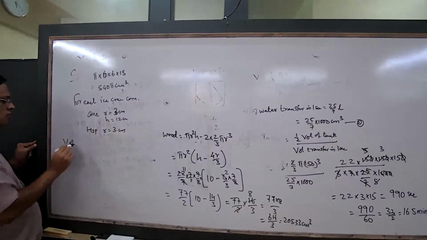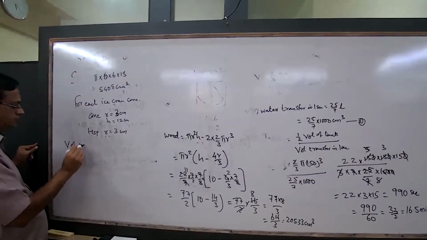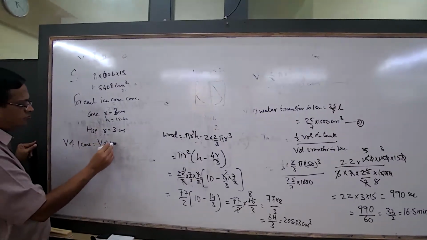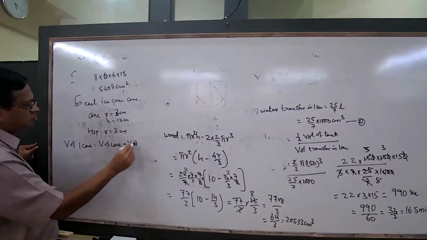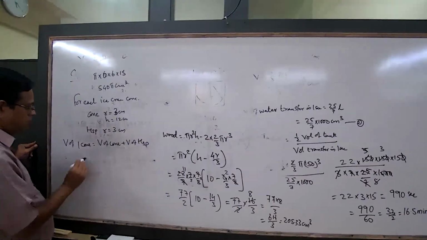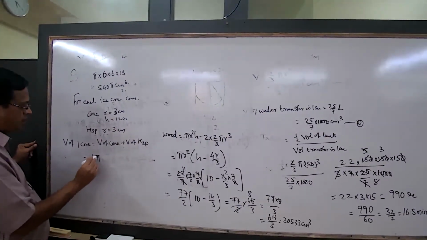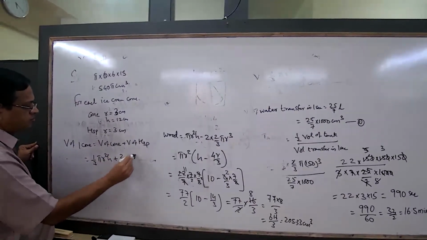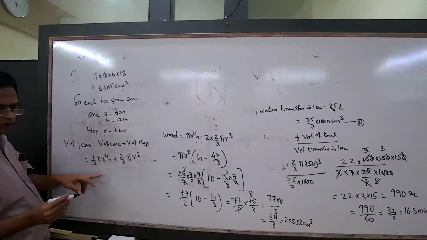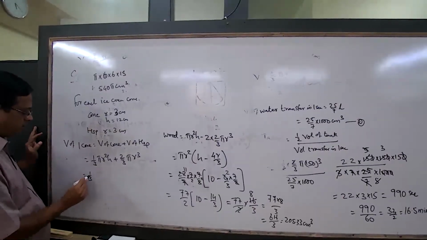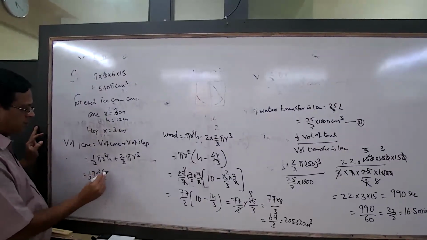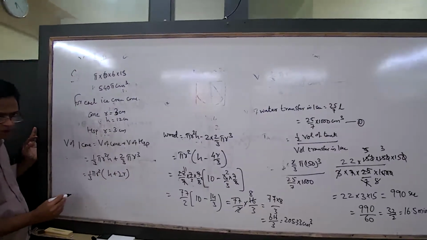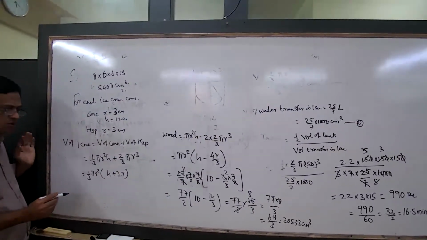Therefore, volume of one ice cream cone is equal to volume of cone plus volume of hemisphere. That is equal to 1 by 3 pi r square h plus 2 by 3 pi r cube. Have you followed? So here you can take 1 by 3 pi r square common, h plus 2r. What's the answer?